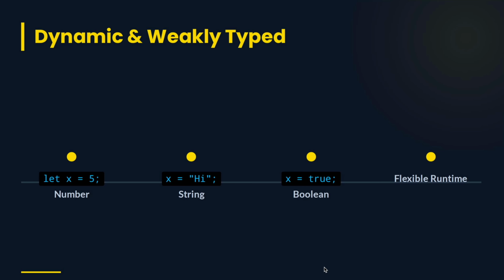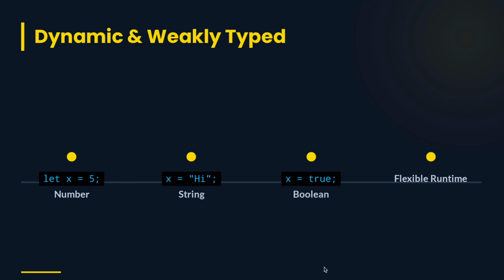JavaScript is also considered weakly typed, meaning it can automatically convert values from one type to another in certain situations. For example, it may convert a number to text when combining it with a string. This makes JavaScript flexible and convenient, but it can sometimes lead to unexpected results if we are not careful.